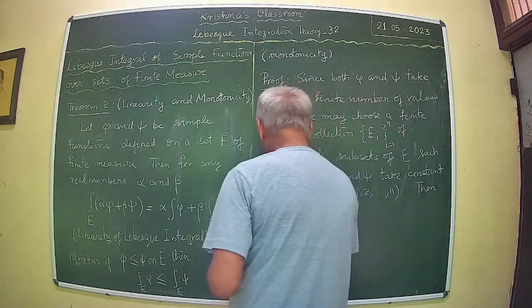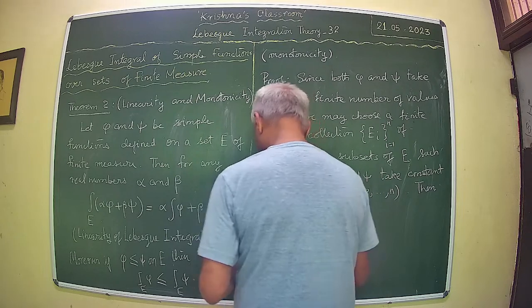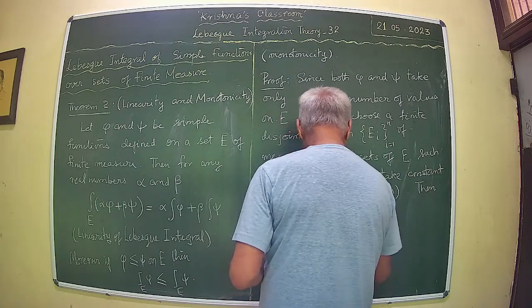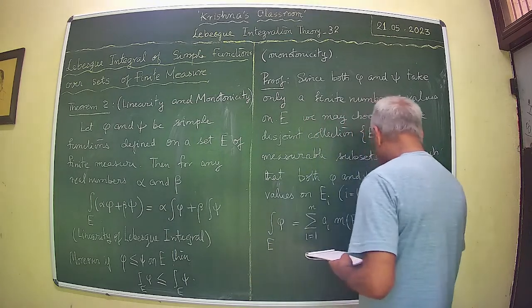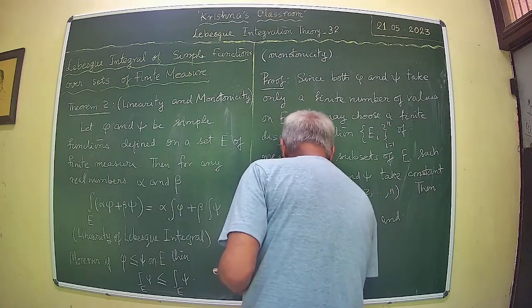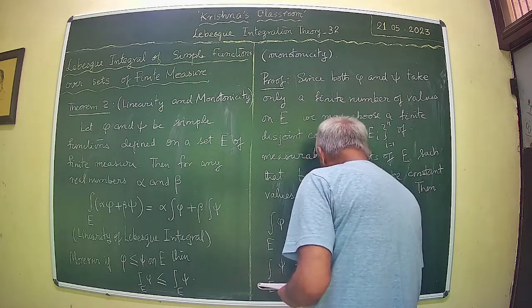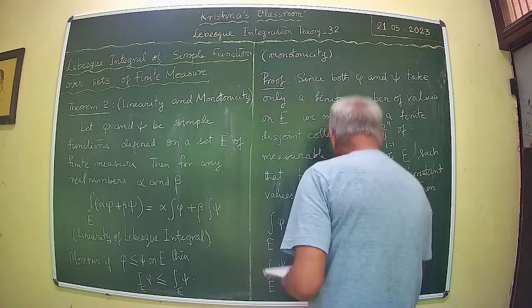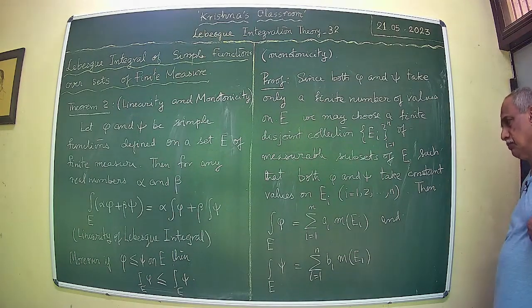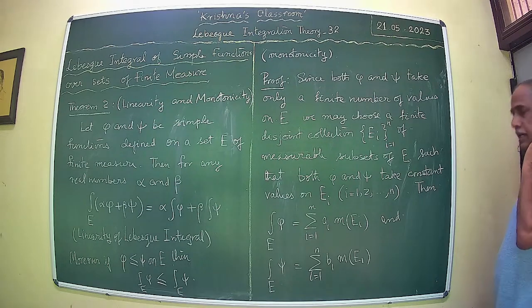Then that means on E_i, phi takes the value a_i and psi takes the value b_i.